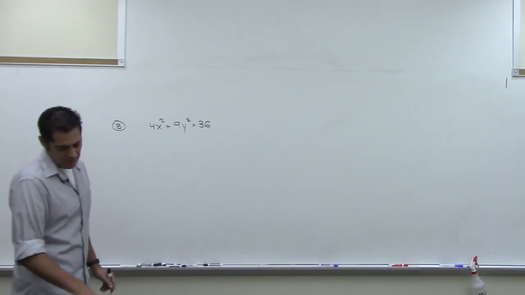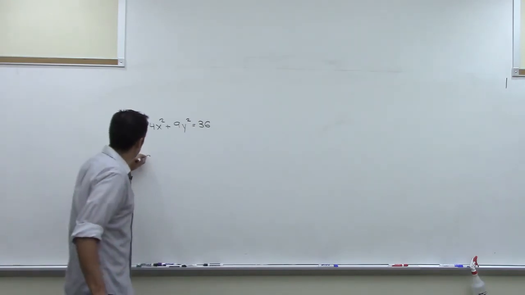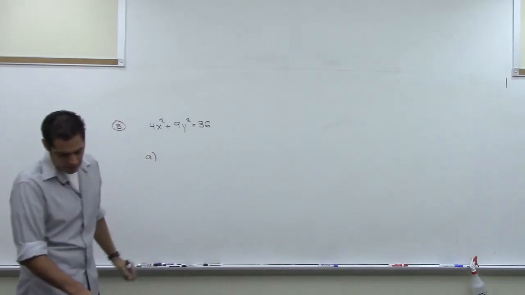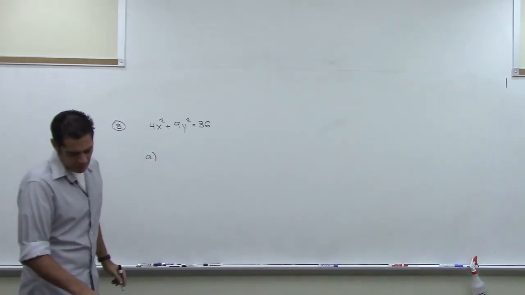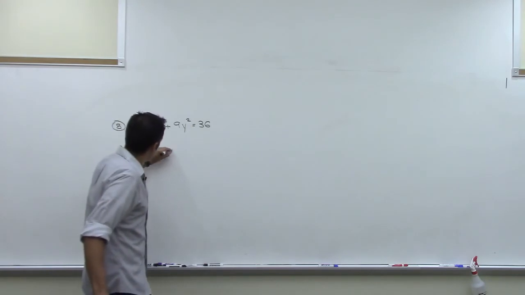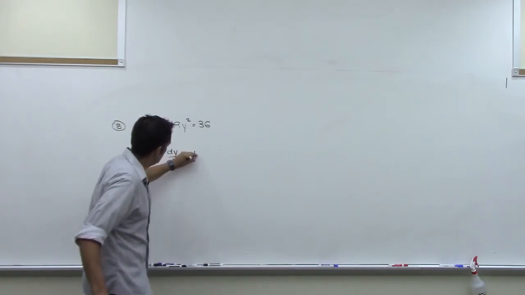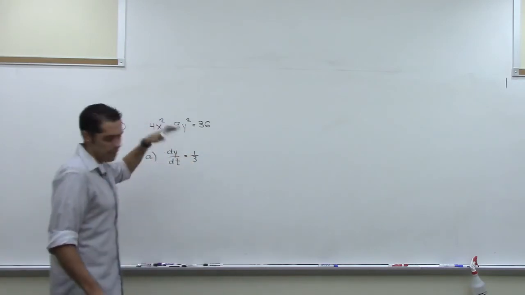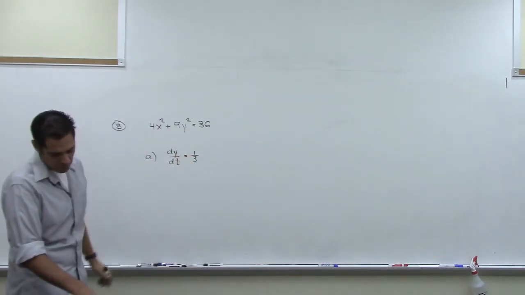It says, for part A, suppose that dy/dt is 1/3. So the rate at which y changes is constant. It's 1/3. So the y coordinate is always changing at a certain rate as you draw it.